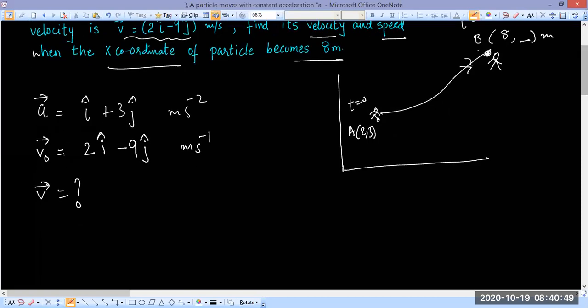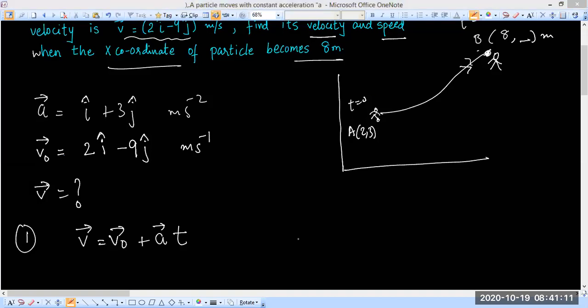Now see, here you have two choices. One, I told you 2-3 times that either you could use equations of kinematics in vector form. I had you write them this way, remember? In vector form, not magnitude, vector form.